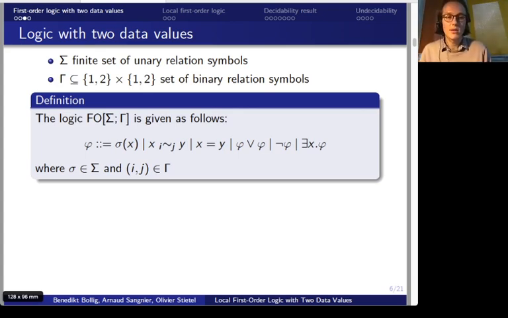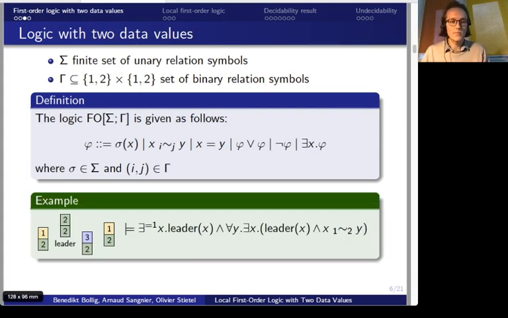And we can compare the data values of x and y: the atomic formula x i ~ j y compares the i-th data value of x with the j-th data value of y. So, for example, if i is 1 and j is 2, we compare the input value of x with the output value of y. We can test the equality between elements, and we have FO with disjunction, negation, and quantification over the elements.